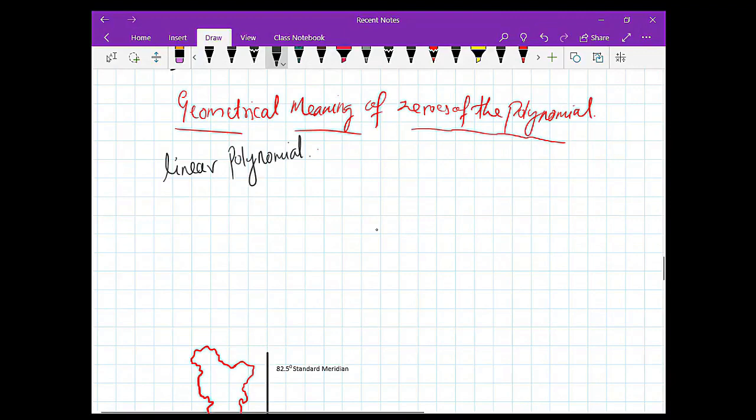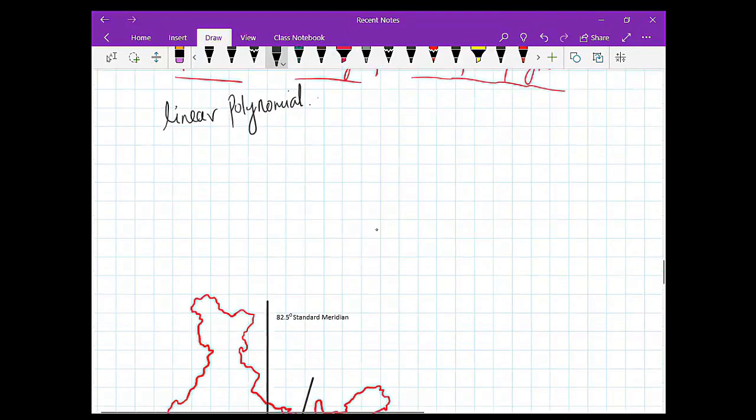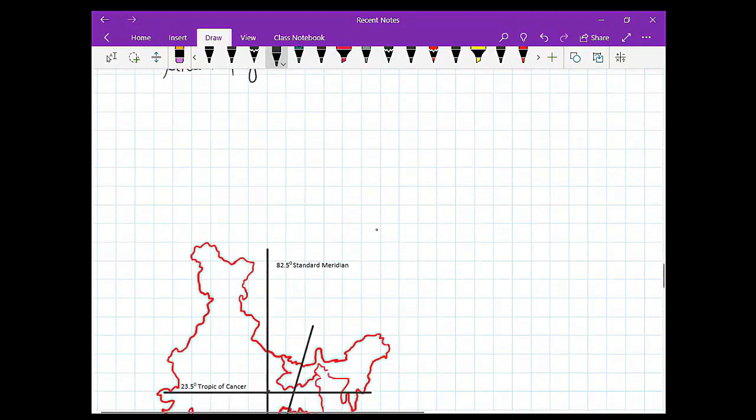Today it is a very interesting class because I am going to connect this linear polynomial, or linear equation, that is the zero of the polynomial of a linear equation, to one social concept. All of you know about Ashoka Chakravarti, the greatest king of the Maurya dynasty.